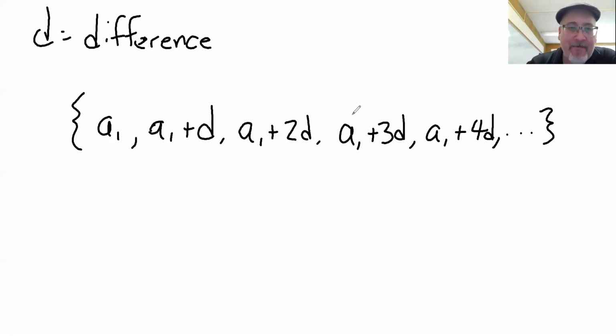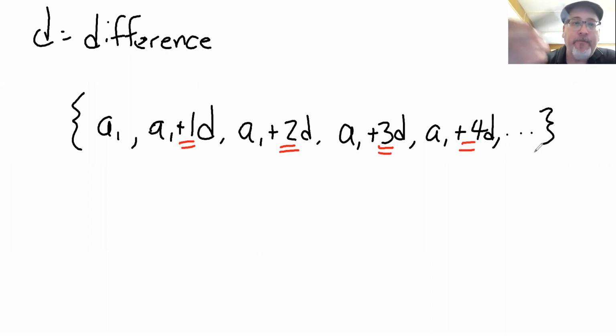Now, we kind of have that here if you look a little bit closely. I'm going to go to the second term and squeeze a 1 in front of the D. That's how many D's we added to get from the first term to the second term. And if you'll notice, we almost have the pattern 1, 2, 3, 4. There's 1, there's 2, there's 3, there's 4. And almost as important, everything else is the same.